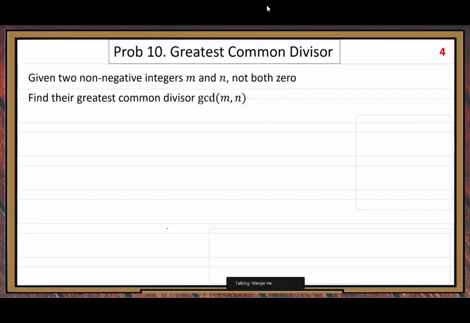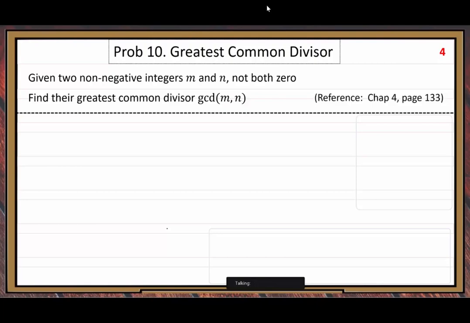For this question, I'll give you the reference in the textbook. First, there is a known method to solve this problem in middle school.